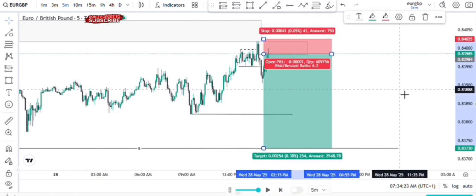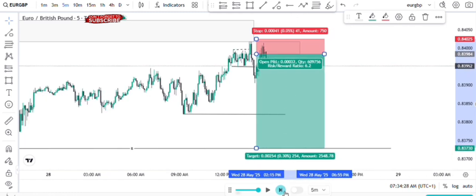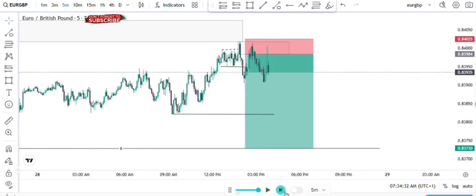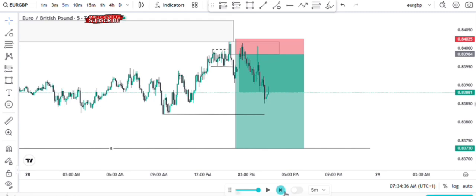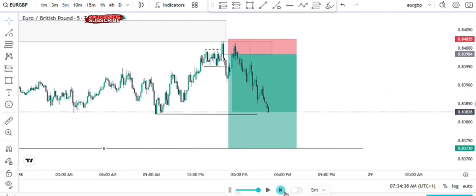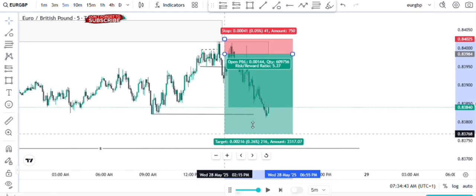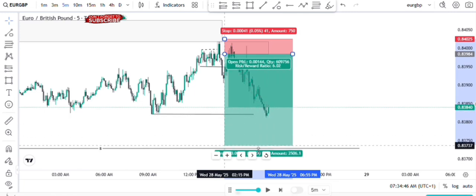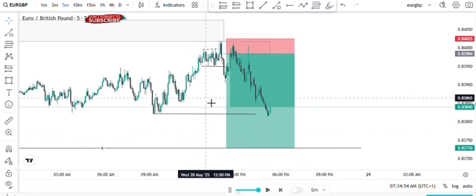Price taps us in. Now let's continue playing the price. Now our first take profit is being hit. Now, if you want, you remove 50% of your trading position right here and leave the remaining to run.